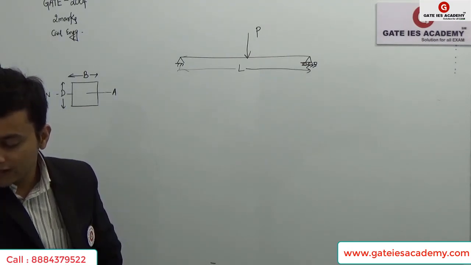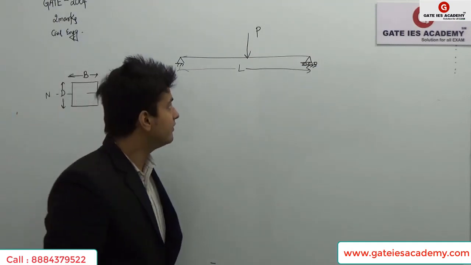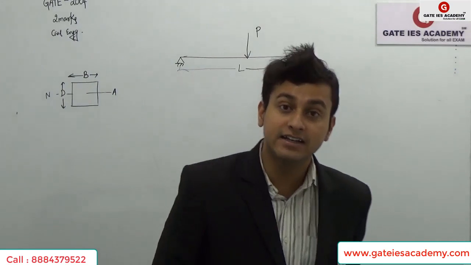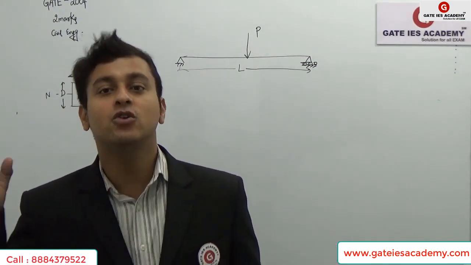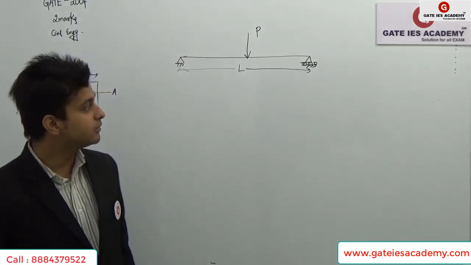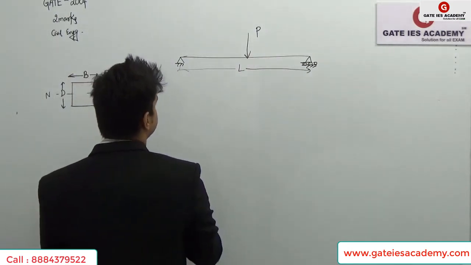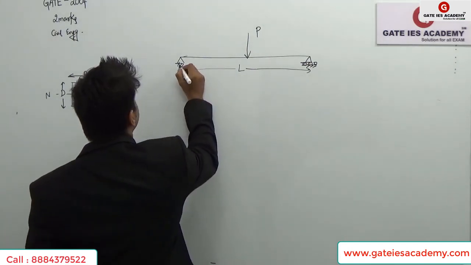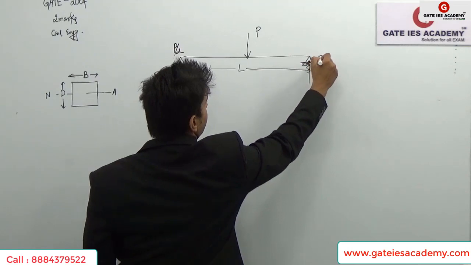Now, the maximum flexural stress developed in the beam. We know that when the load is at the center, then only it will develop the maximum bending moment. You know that the support reactions come out to be P by 2 and P by 2.